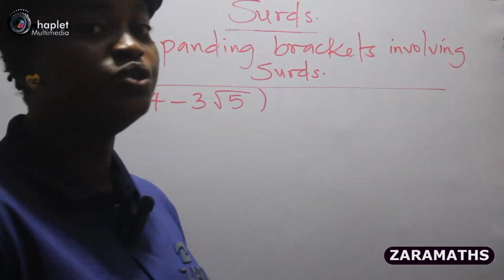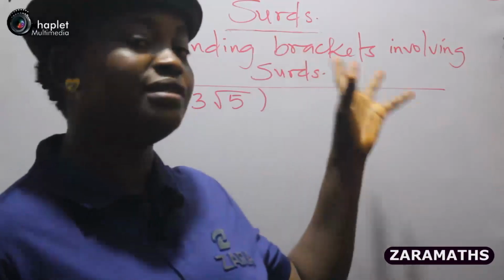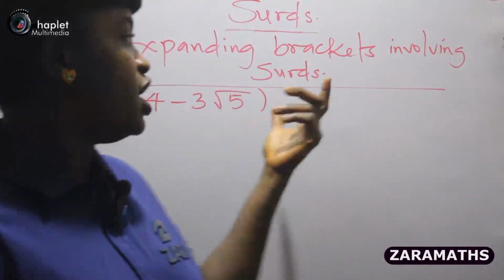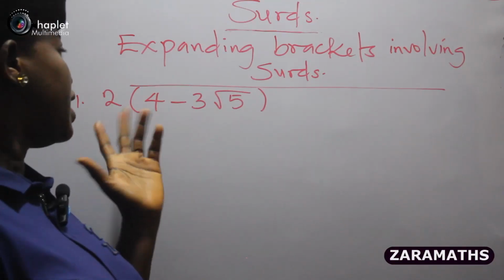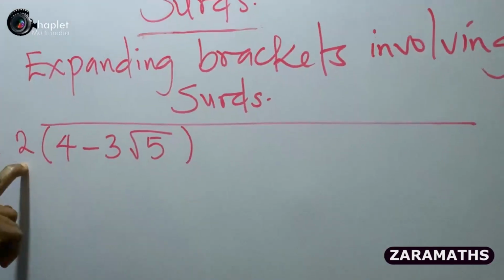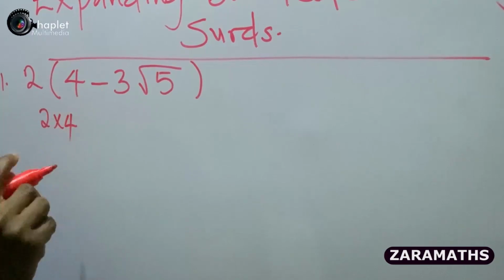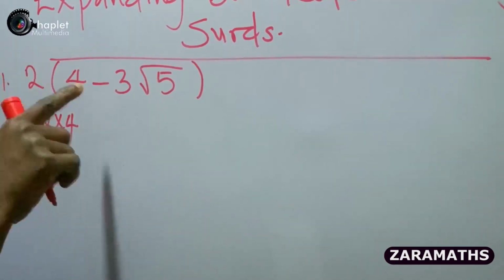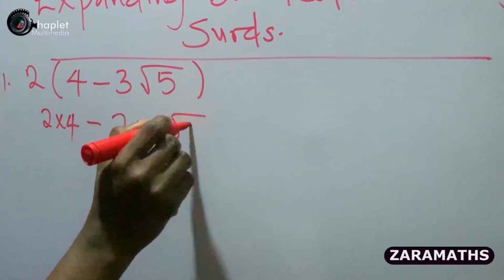Today we'll continue with surds and we'll be expanding brackets involving surds. If you are given this, for example, to expand 2 in bracket 4 minus 3 root 5. So 2 will be multiplying 4. Remember the sign, plus times minus, minus. 2 will be multiplying 3 root 5.